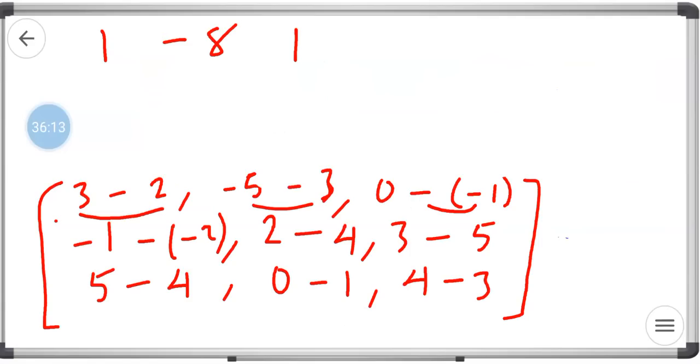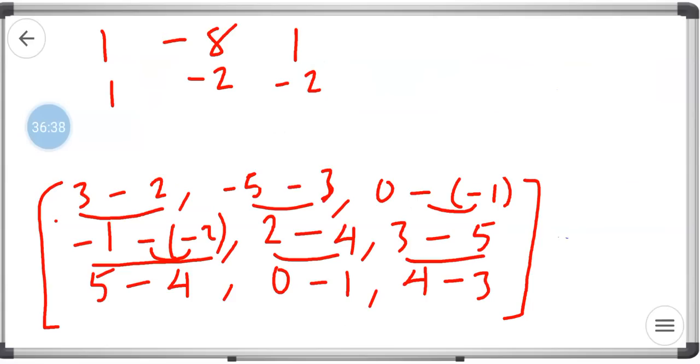Here, we have minus times minus, that's plus. So that's minus 1 plus 2. Minus 1 plus 2, that will give us 1. And here we have 2 minus 4. That will give us minus 2. And here we have 3 minus 5. That will give us minus 2 as well.